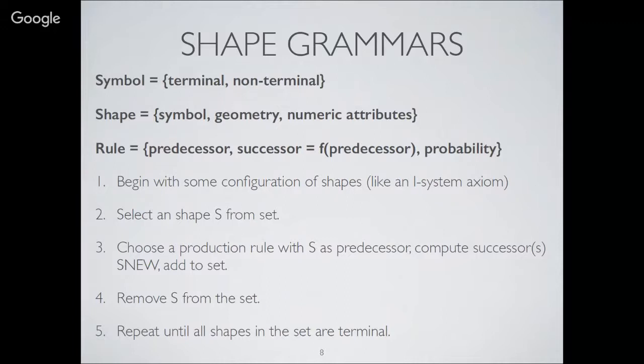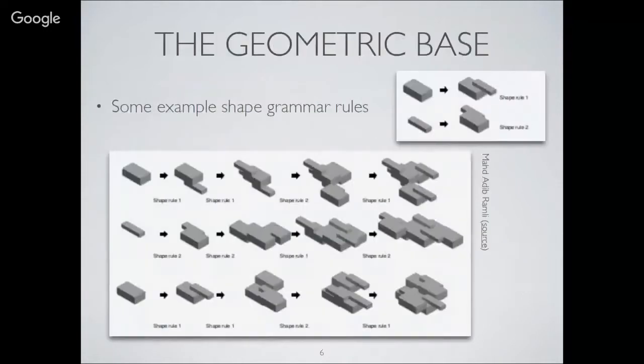And we can also have associated with each of our rules some probability. So returning once again to this example, here, the way that we'd represent either of these rules is we'll say we have some block A as the predecessor in our first rule, and the successor is an A and a B. And we're adding a new block to our set, which has some new set of rules applied to it.